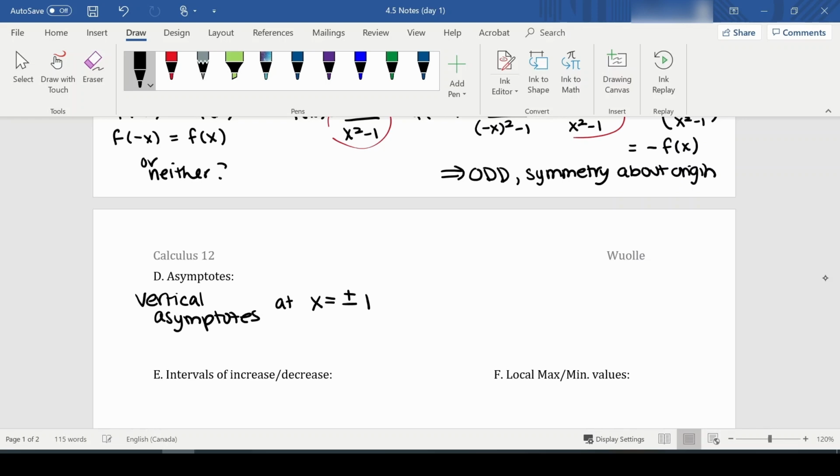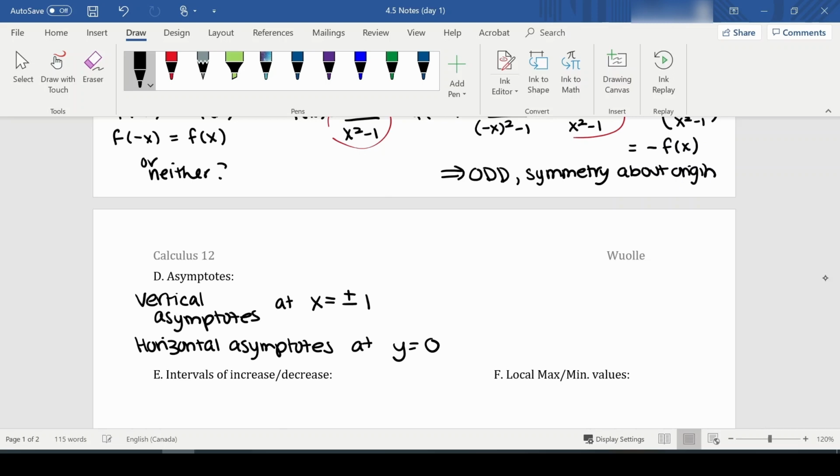And then also a reminder from Math 12, your horizontal asymptotes are at 0 if the numerator has a smaller degree than the denominator. If our numerator and our denominator have the same degree, your asymptote is at the ratio of the coefficients of the highest power.